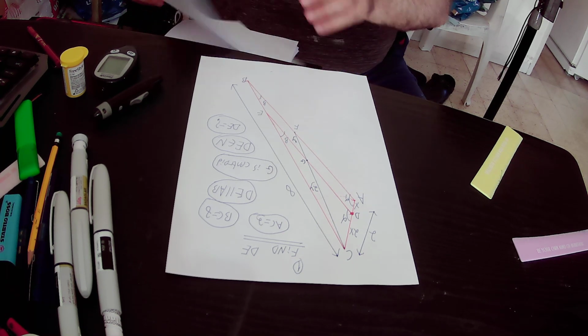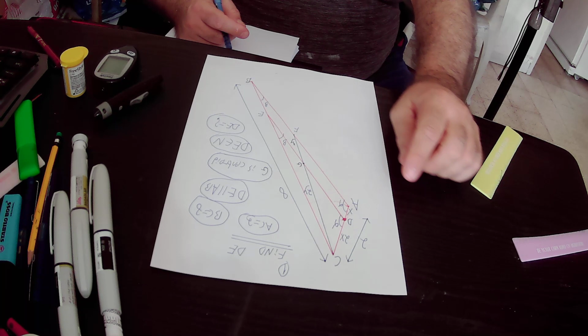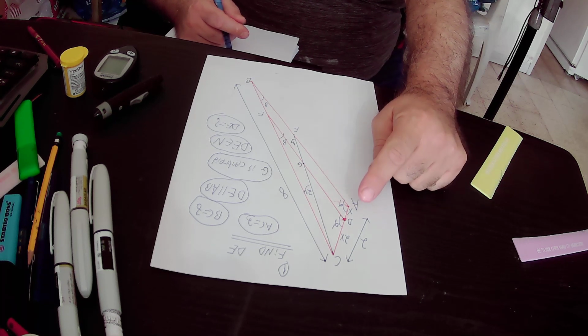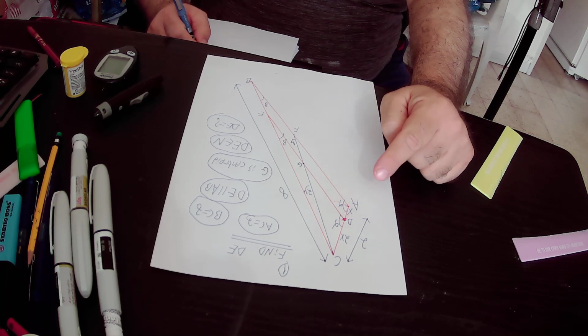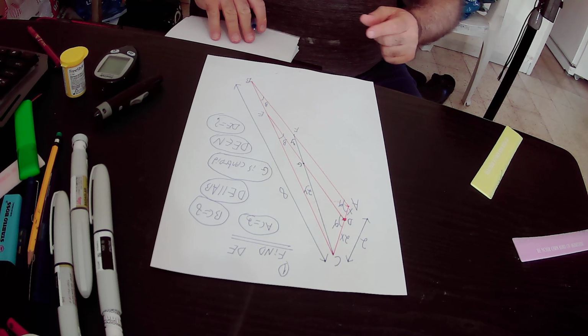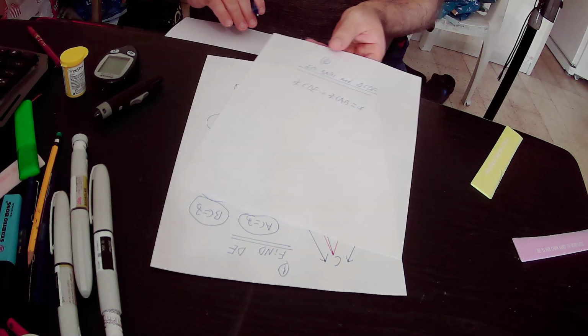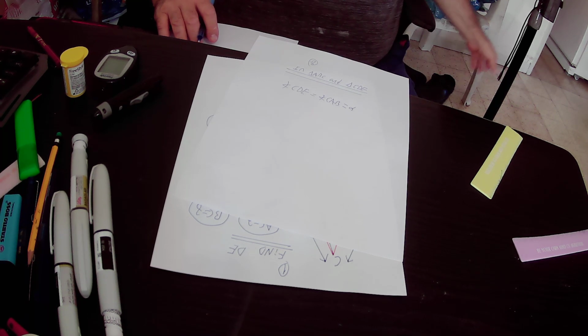On those two triangles, we know that angle CDE on triangle CDE is equal to angle CAB on triangle ABC, and both those two angles are equal to alpha.